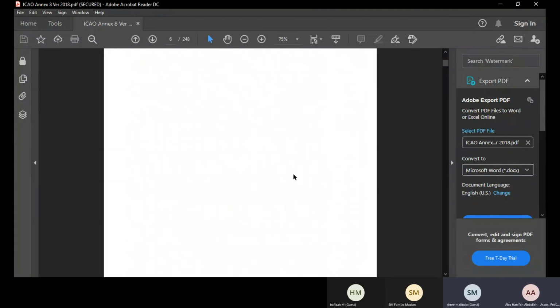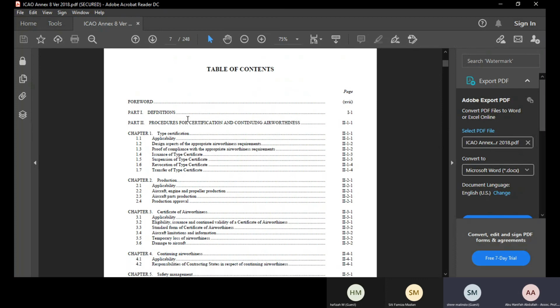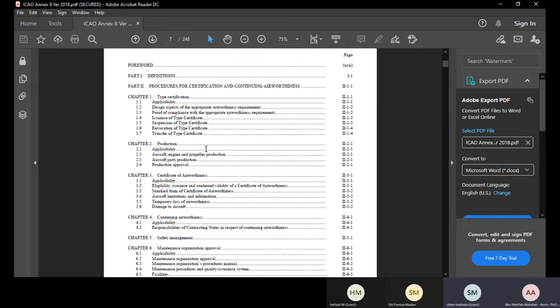Clear this for now. So when you see any design requirement published by the state, FAA, or CS, or Canadian, or Australian, they cannot be far off from this design requirement.